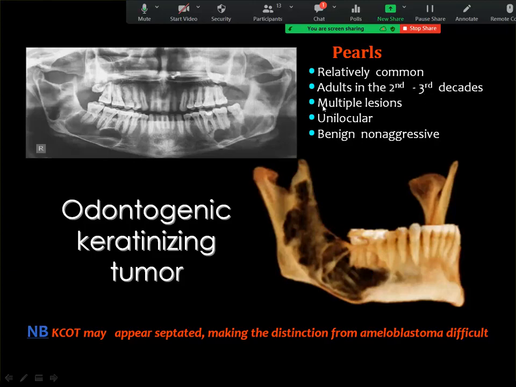The lesion is characteristically multiple, and if there are multiple lesions, it is easy for the diagnosis. And it is unilocular compared to ameloblastoma, which is multilocular, and this is a benign non-aggressive lesion, while ameloblastoma is a locally aggressive tumor.